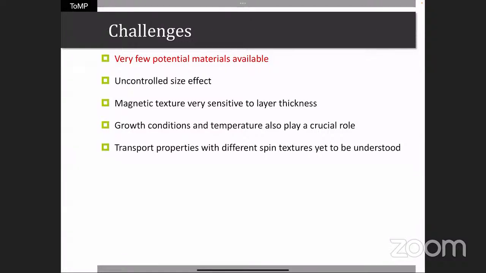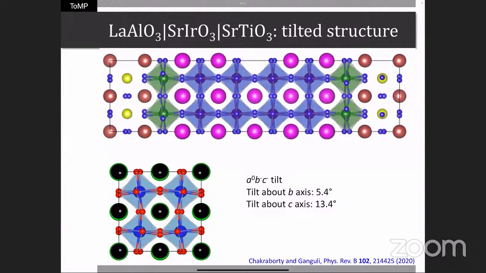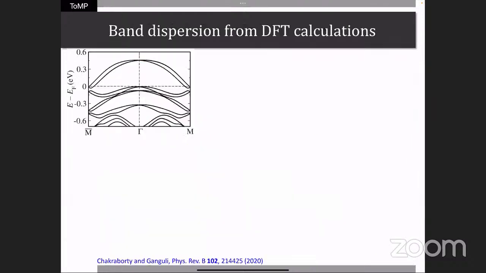Okay, let's come to the material front. Here we have first designed one heterostructure, the famous lanthanum aluminate strontium titanate heterostructure, and only a strontium iridate layer has been sandwiched between them. Here is the strontium iridate layer that we have, and the structure turns out to be tilted.